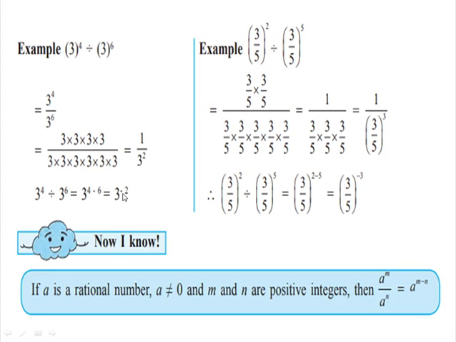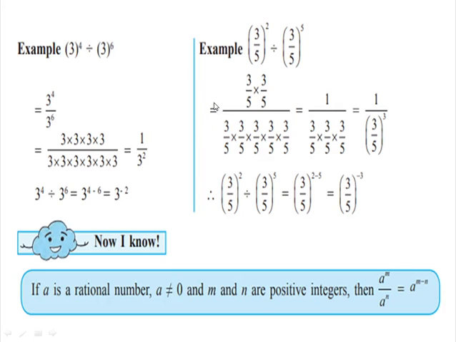Hence, now if you directly go through the rule, you will see that if you subtract the index of the denominator from the index of the numerator, you will get negative 2 in the index. That is, 3 raised to 4 divided by 3 raised to 6 is equal to 3 raised to power 4 minus 6 equal to 3 raised to the power negative 2.